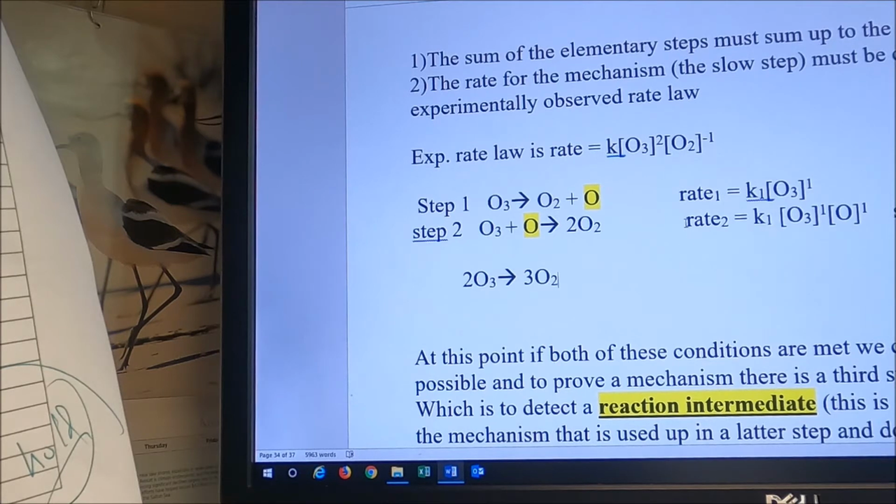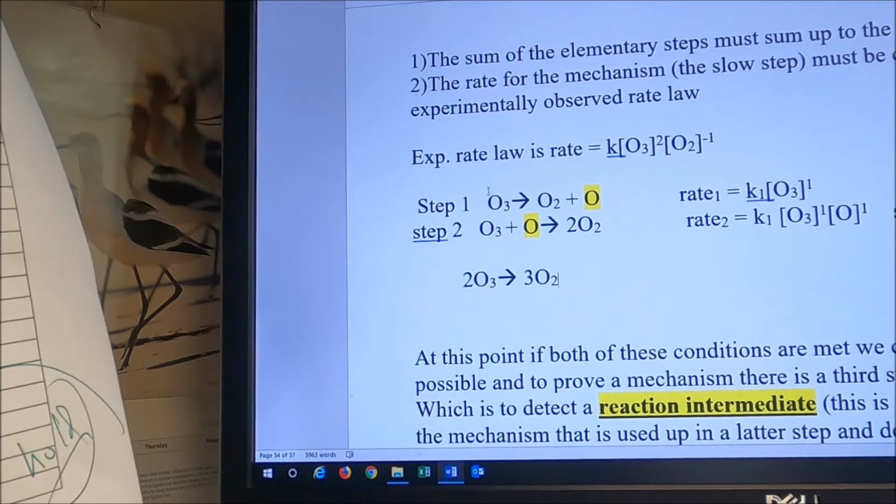Now, if I look at the rate law here for the second step, one of the things I want you to notice is that rate law contains a reaction intermediate, oxygen. I can't compare this against the experimental rate law because it contains a reaction intermediate. I can't just give up and throw my hands up in the air and walk away.